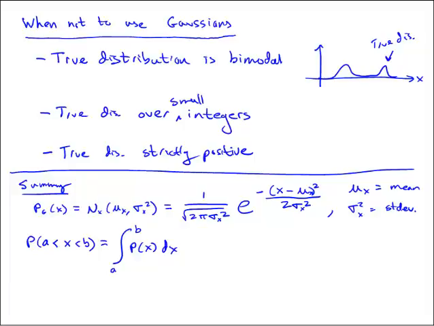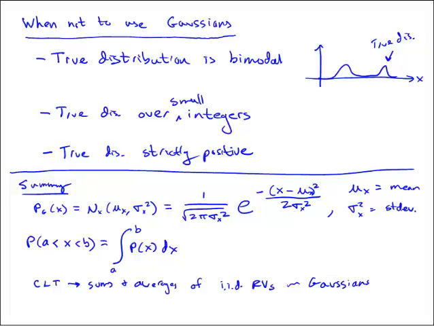Next, we had the central limit theorem, and that said that sums and averages of random variables were Gaussian distributed if you have enough samples in your sum or average.